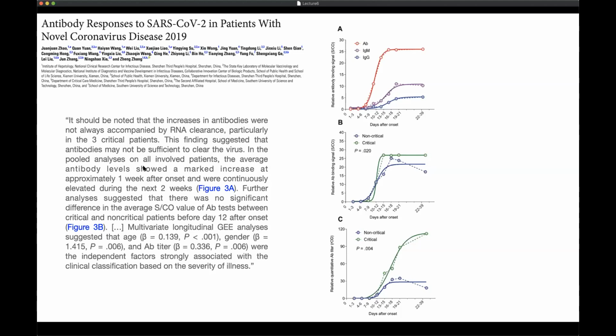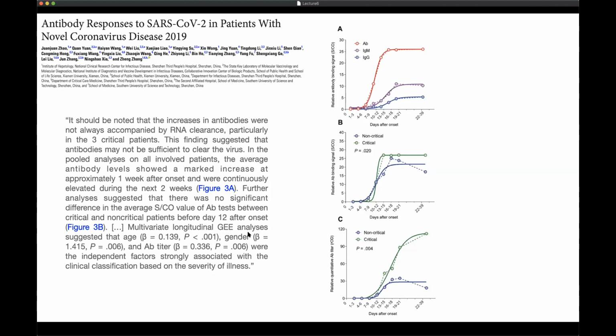In the pooled analyses of all involved patients, the average antibody levels showed a marked increase at approximately 1 week after the onset and were continuously elevated during the next 2 weeks. Further analyses suggested there was no significant differences in antibody tests between critical and non-critical patients early on, before day 12. However, then they do a subsequent analysis using the statistical technique called generalized estimating equations.